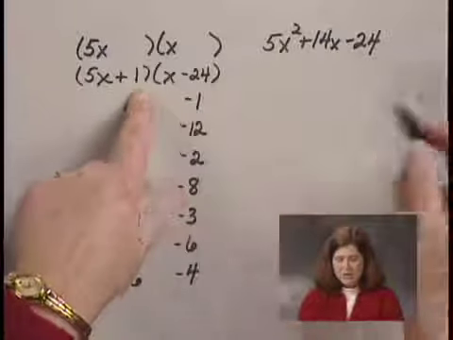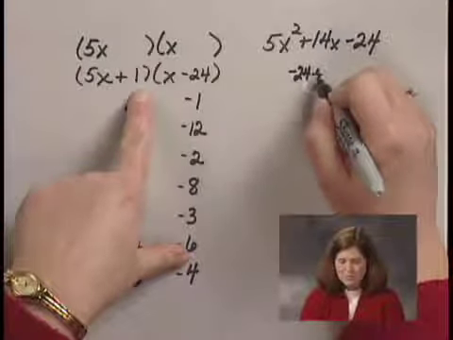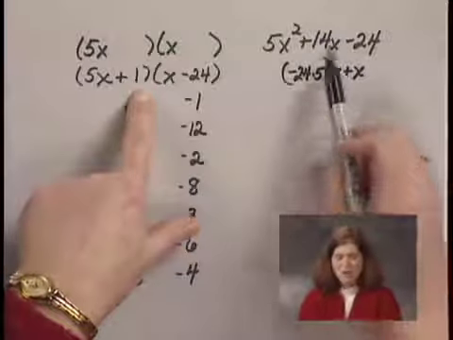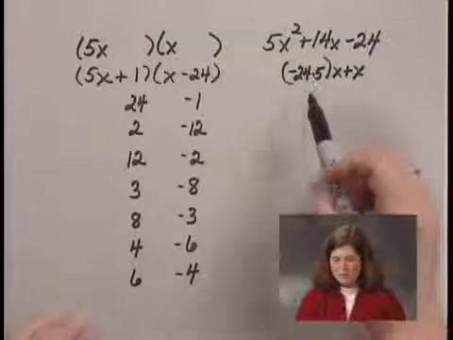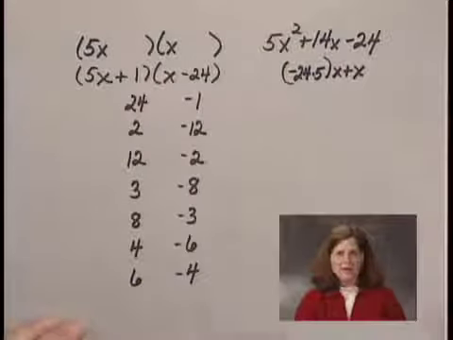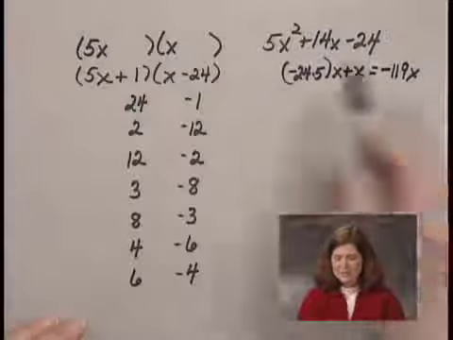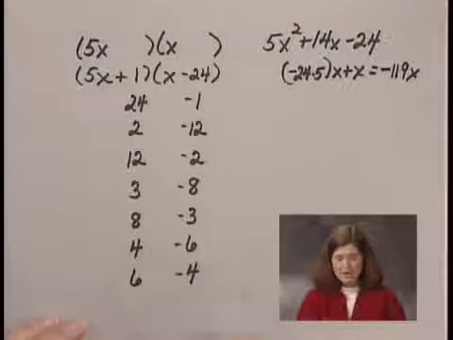Now, I could multiply that out, though I really don't need to, because negative 24 times 5x plus x, I know, is not 14 or negative 14. It's negative 120 plus 1, that'd be negative 119x. It's much too big to be 14. So that one is not correct.